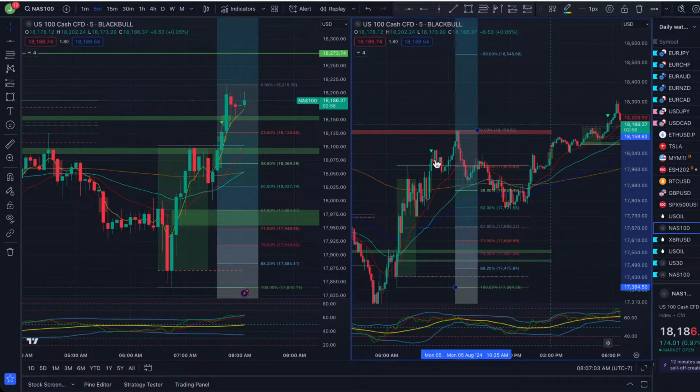Remember, you want to be watching the market on all different time frames. Right now, in the 1 minute, there's no fair value gaps created within this. It's just consolidating.